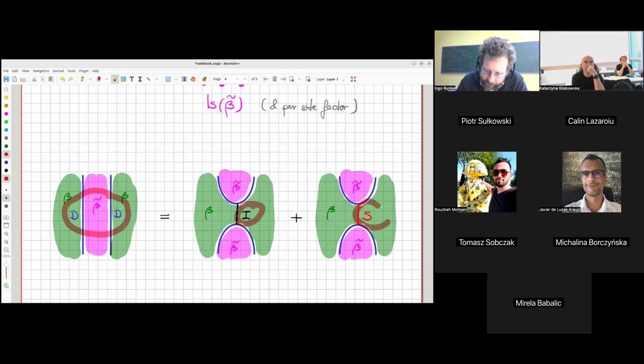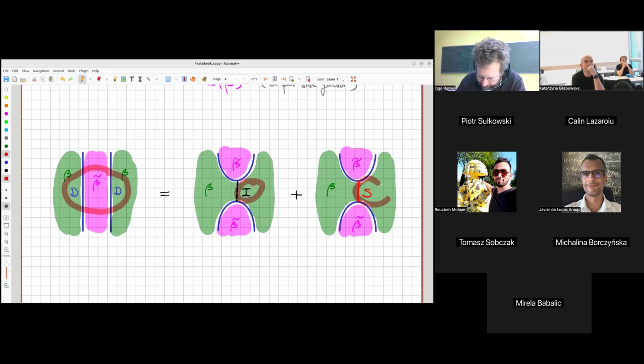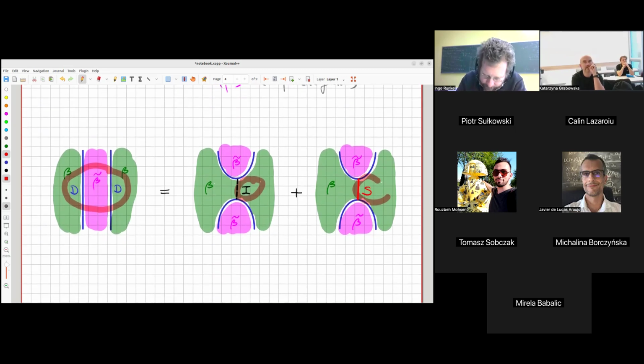If I want to write this as a fusion rule, it would look as follows. I would have D, maybe D dual, because it's the side on which the beta tilde theory lives, equals the identity plus spin flip. And so that interface D is not invertible.